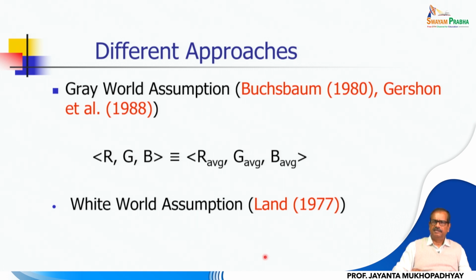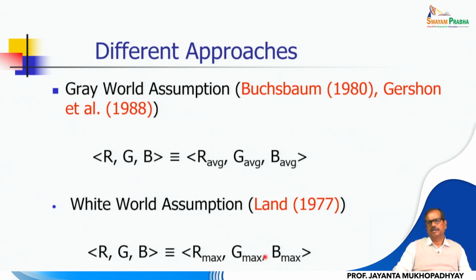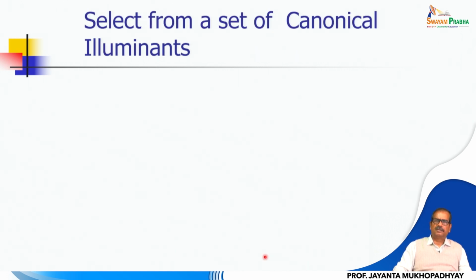So, what we consider here is that wherever the maximum of all the components is, it provides me the spectral power factors of the light source, or I should say the 3 vector representation of the light source. So, these 2 are very simple to compute, and they are quite often used, but there are some other advanced techniques which can give you improved results.